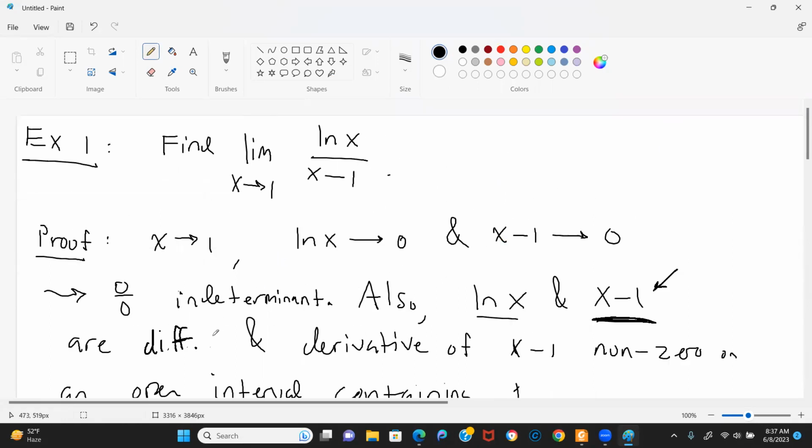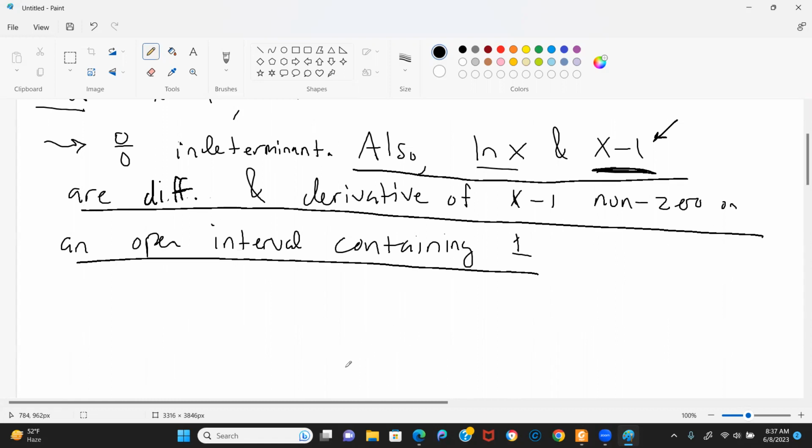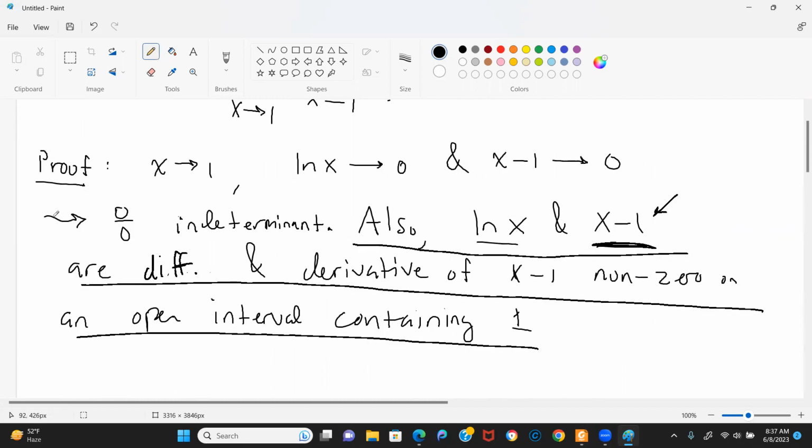In practice, if you're taking a quiz or an exam, you don't need to state this whole thing right here. I'm going to just give you functions that are differentiable, and the derivative of the thing in the denominator is non-zero on an open interval, etc. You don't need to check that. All I need you to show is that you do in fact get an indeterminate form, and therefore you are allowed to apply L'Hopital's rule.